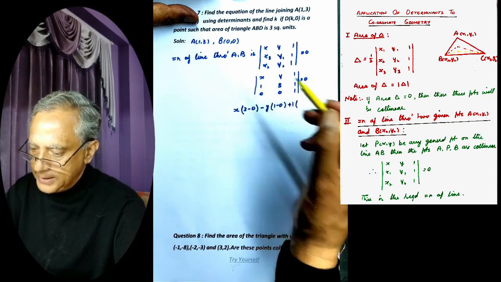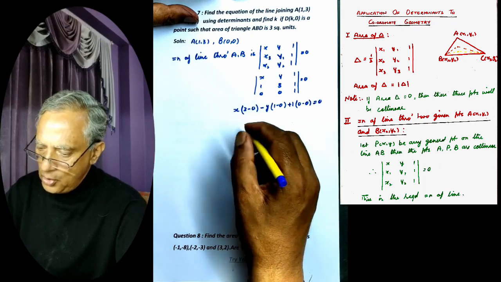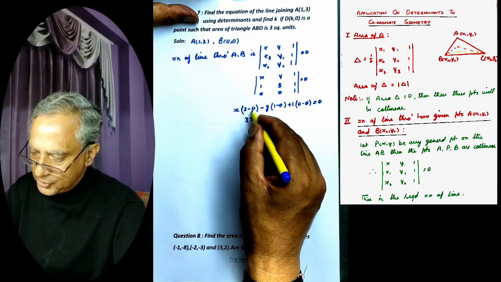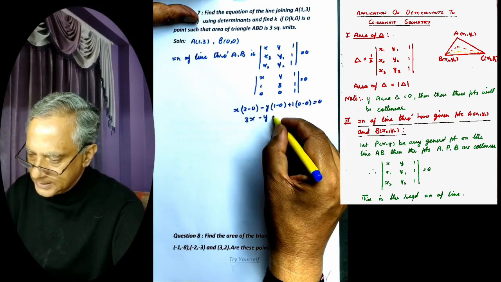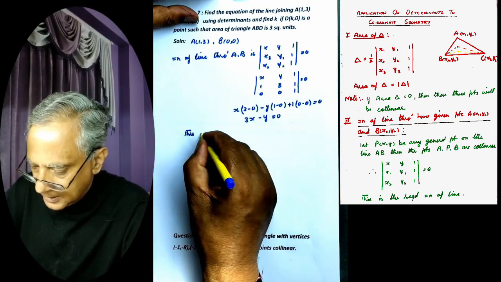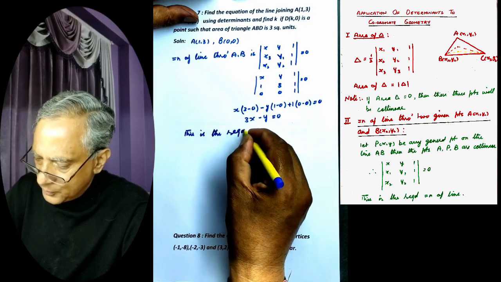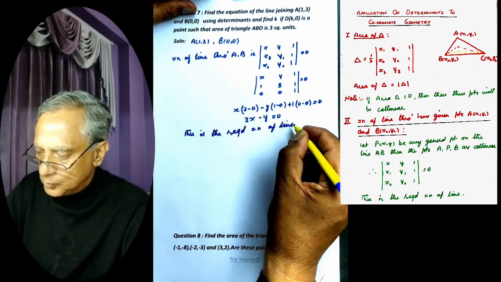So this will be 0 minus 0, which is equal to 0. So what we get is 3x minus y equals 0. This is the required equation of the line.